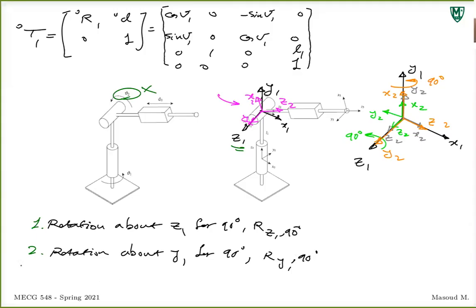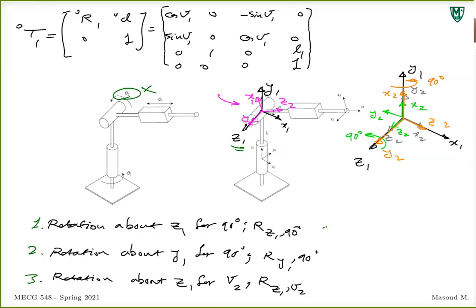And then the third one would be just the revolute joint, rotation about Z1 for theta 2 or V2. I'll just go with V, since I wrote everything as V. That's actually V2, right? This is V2.